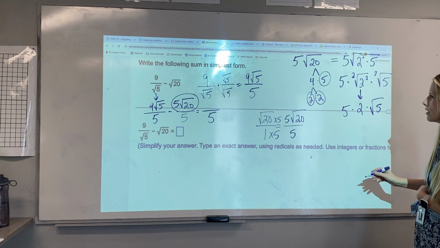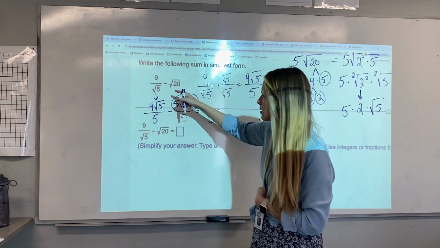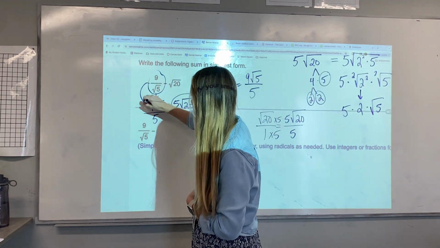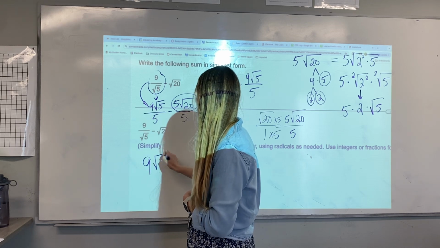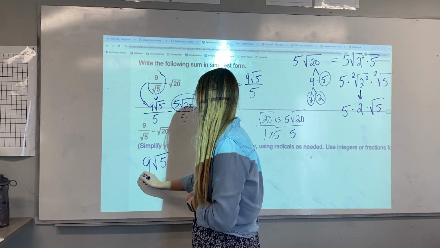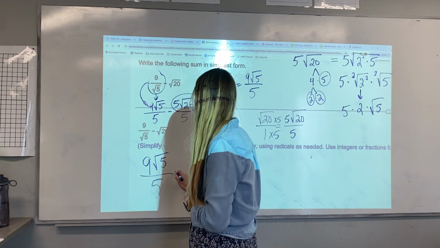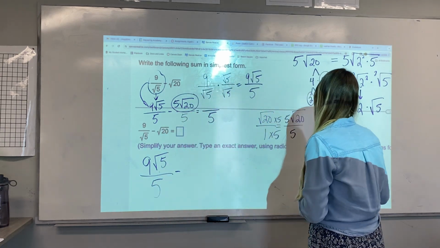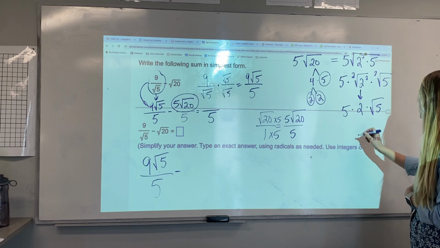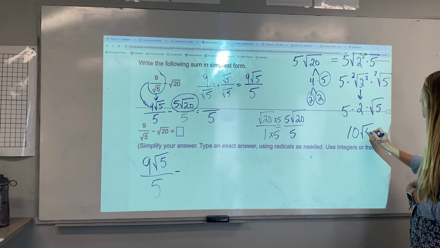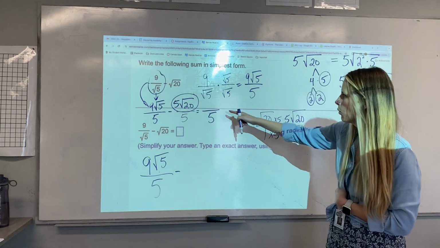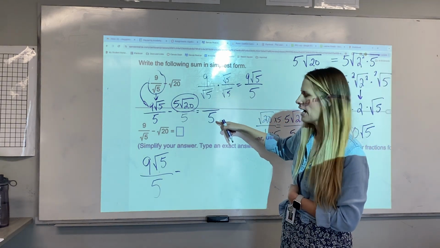And take a look. We converted this to this. So I'm going to continue writing that down here. 9 radical 5 over 5 minus 5 times 2 is 10 times radical 5 over 5.